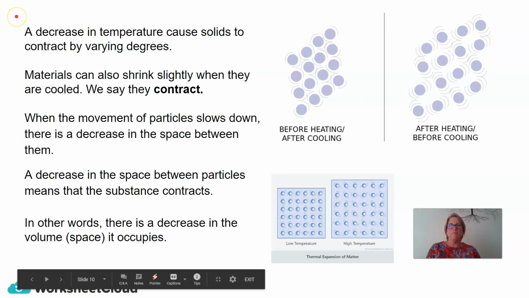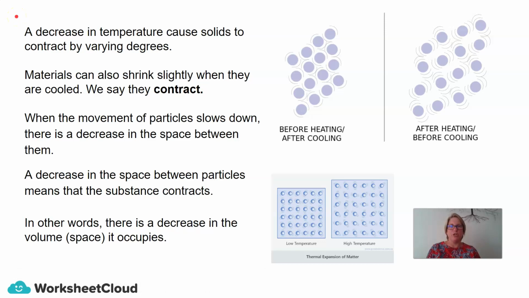So what happens if we have a decreased temperature? This is going to cause the solids to contract, and again by varying degrees. So materials can also shrink slightly when they are cooled, and we say they contract. So when the movement of particles slows down, so here we've got a substance and now we are cooling the substance, there is a decrease in the space between them.